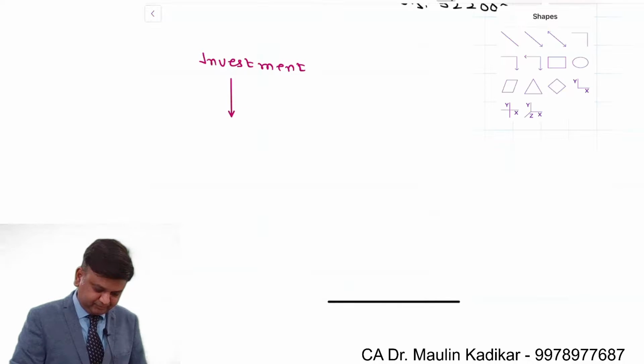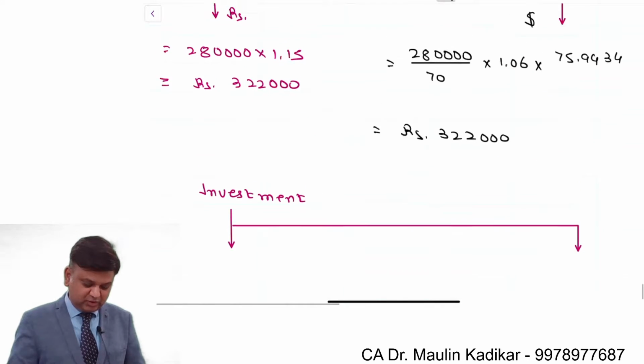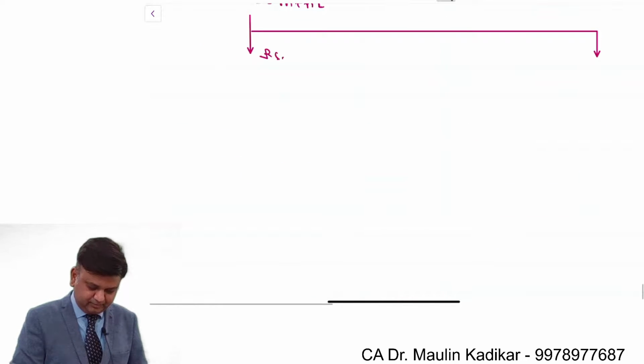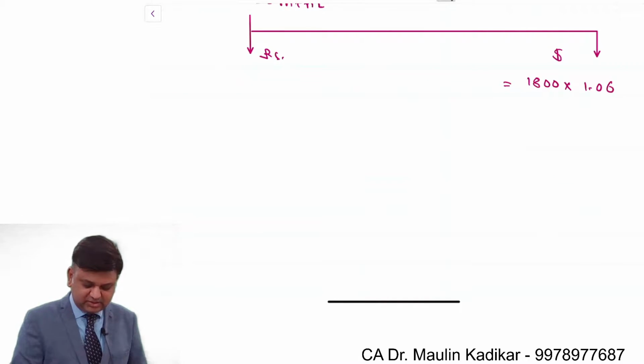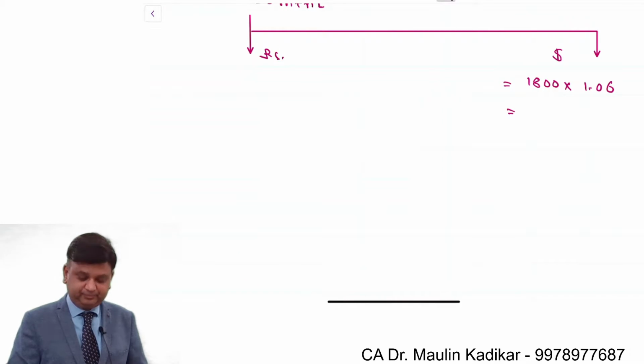Next, you make investment. Again for that, there are two things. One thing is that you invest in rupees term, and another is dollar term. It is 1,800 into 1.06, $1908.